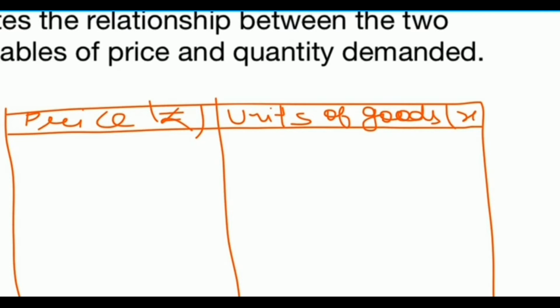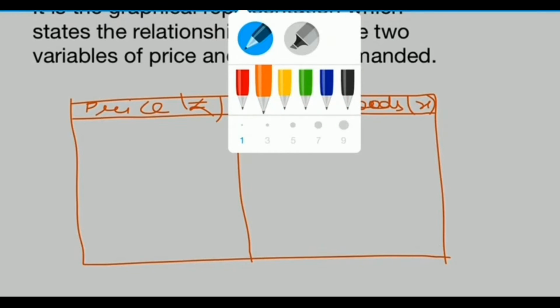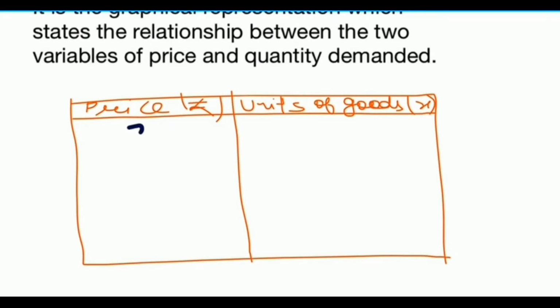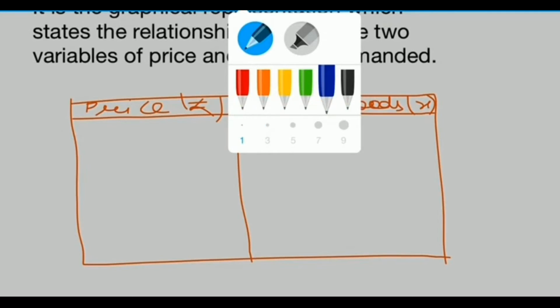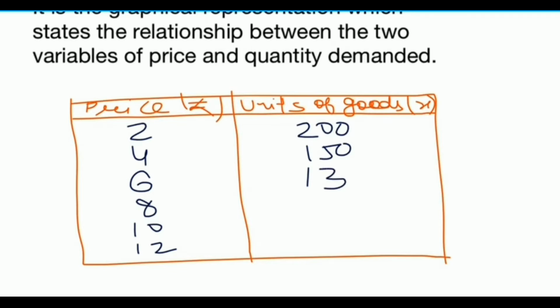Let the name of the good be X. At rupees 2, 4, 6, 8, 10 and 12, and now the units of good, let us take 200, 150, 130, 100, 80 and 60.